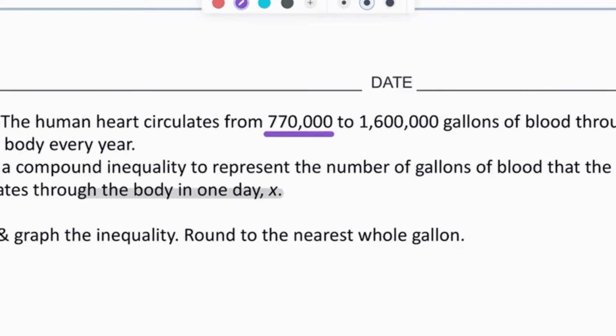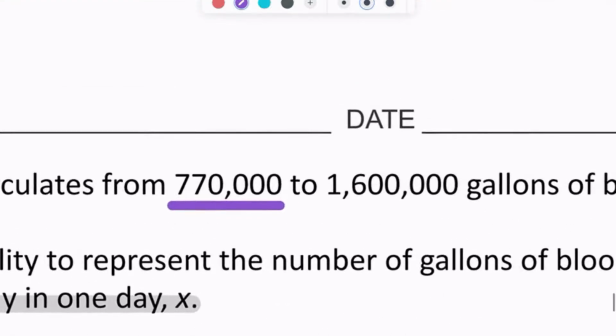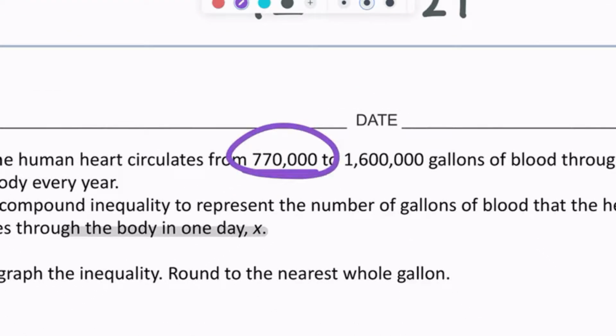770,000 is the annual, right? So that would mean, well, this is supposed to be for a year, which means I have to make this become a year. We're going to assume a normal year. They didn't say it was a leap year, so we're not going to assume that.